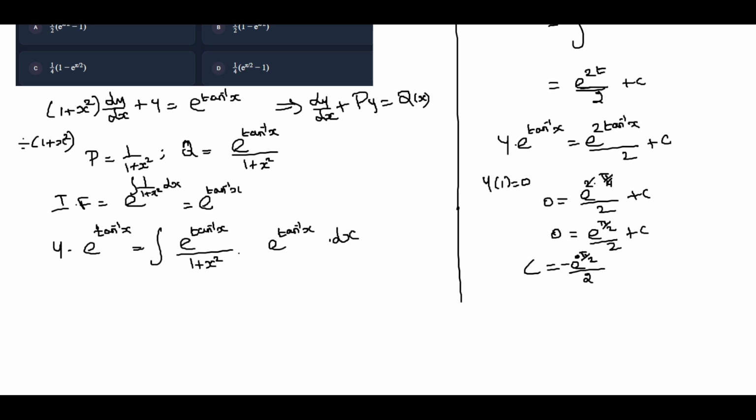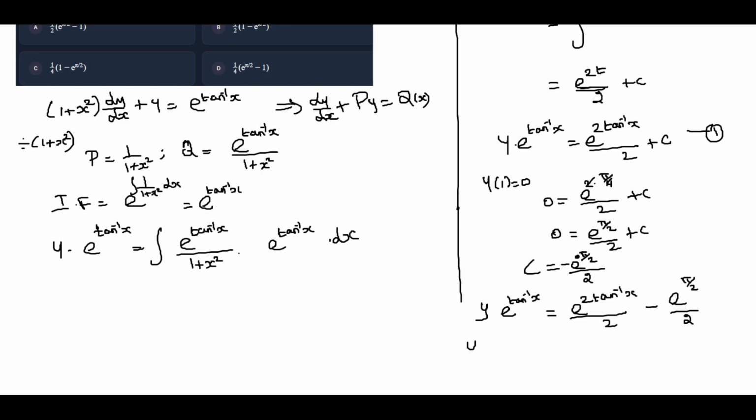Now replace the value in equation 1. So y into e power tan inverse of x equal to e power 2 tan inverse of x by 2 minus e power pi by 2 by 2.